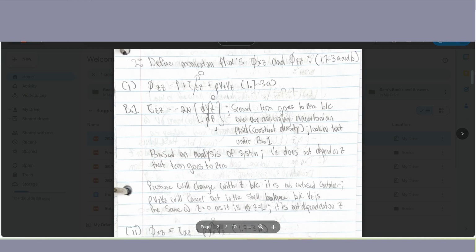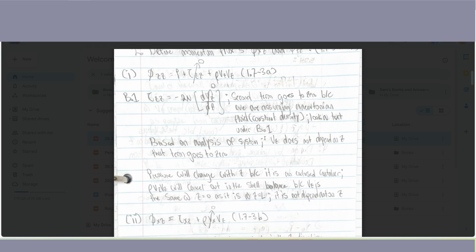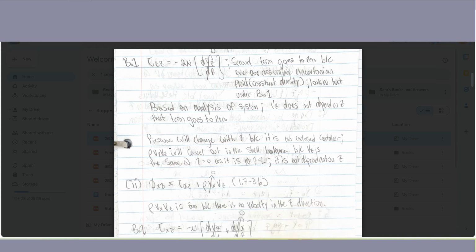So I just didn't write it there. Based on the analysis of the system, VZ does not depend on Z, and that term goes to 0. Pressure will change with Z because it's an enclosed container, the walls are enclosed.